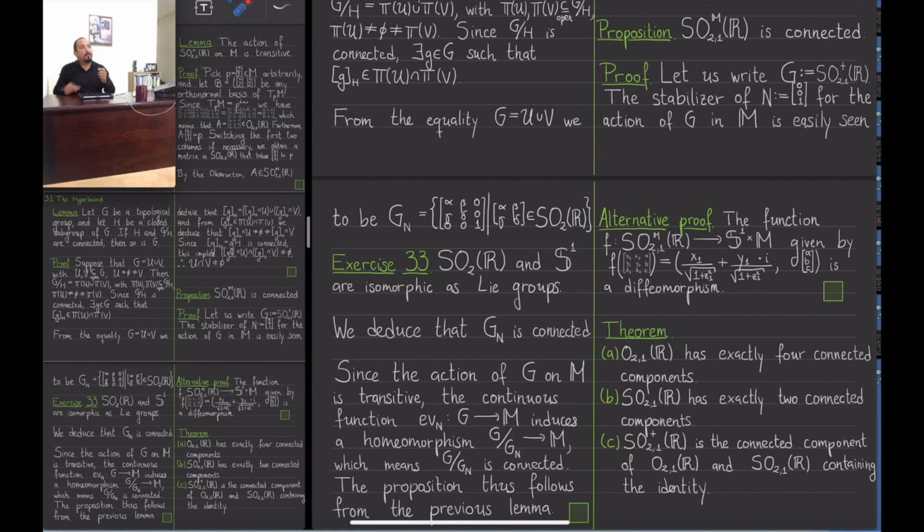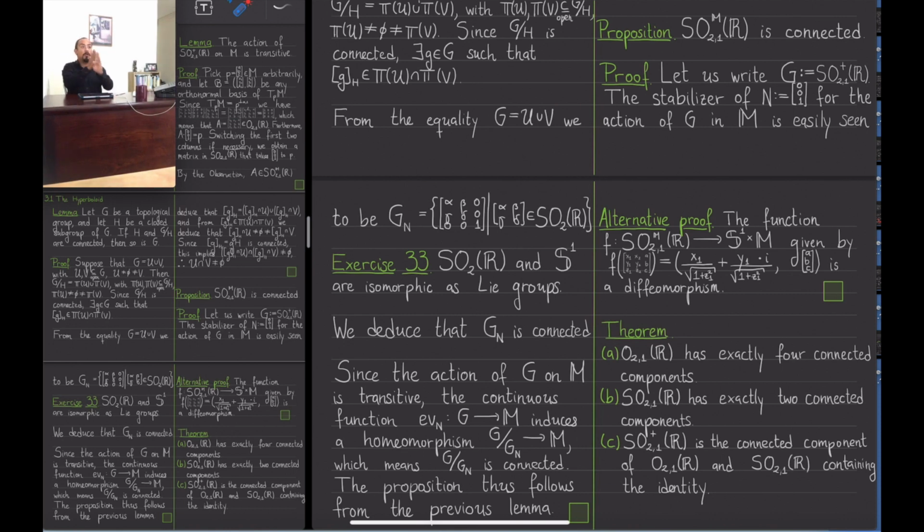Because if they exchange the two sheets, you cannot go from exchanging the two sheets to preserving both sheets through a path, because at some point you have to leave the group in order to go from one to the other.